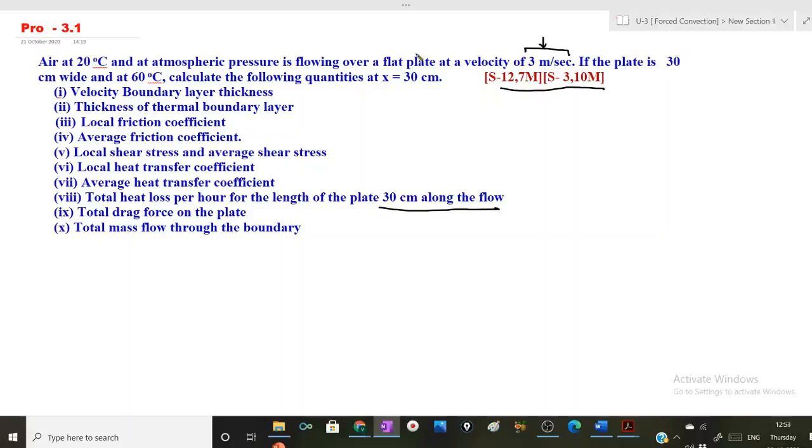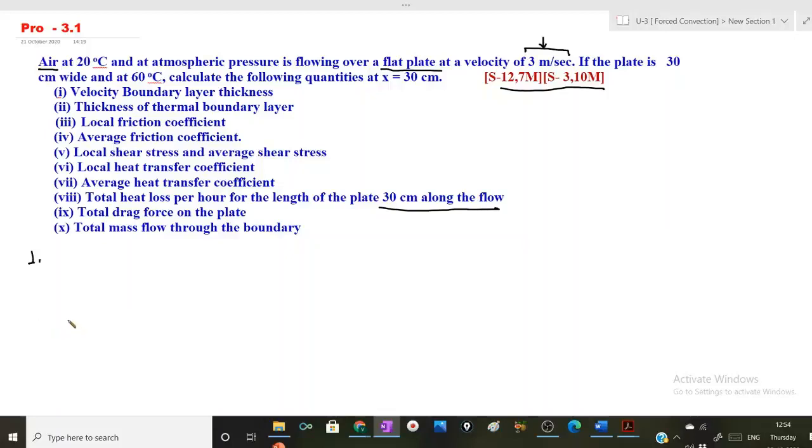Now how will you identify whether it is an internal flow or external flow? Air being the fluid is flowing over a flat plate. So it is the example of external flow. So forced convection external flow problem. So let us start solving this problem.